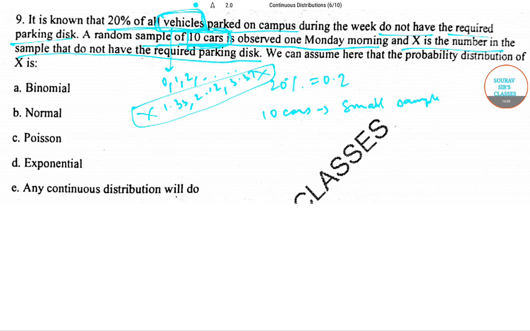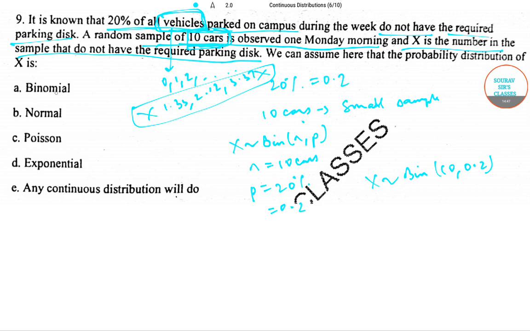In such cases, when the sample is small and for each object in the sample you have a distribution defined, we use a binomial distribution. So X follows binomial n comma p, where n is equal to 10 cars and p is equal to 20%, that is 0.2. So X follows binomial 10 comma 0.2, and we can assume the probability distribution is binomial.